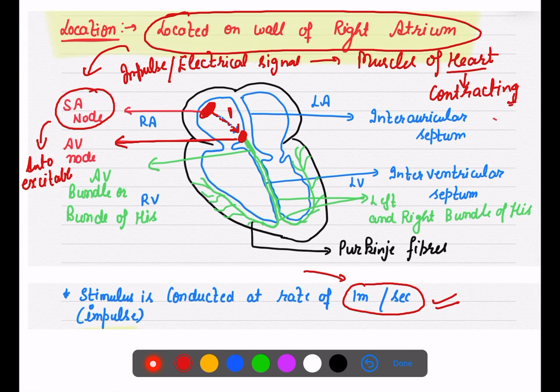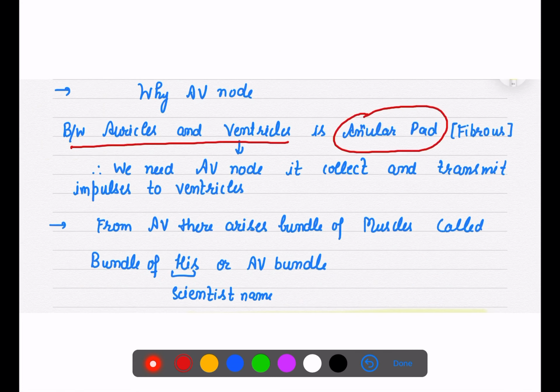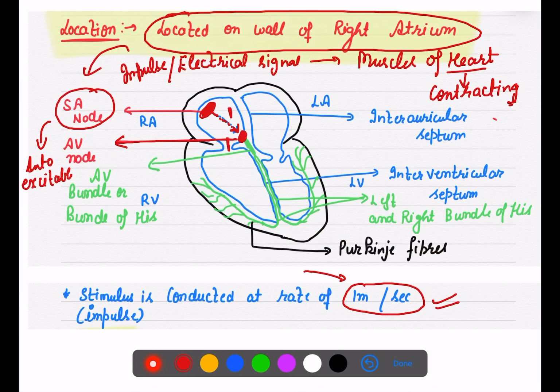The impulses generated by the sinoatrial node cannot be passed directly to the ventricles because of the presence of this fibrous tissue.